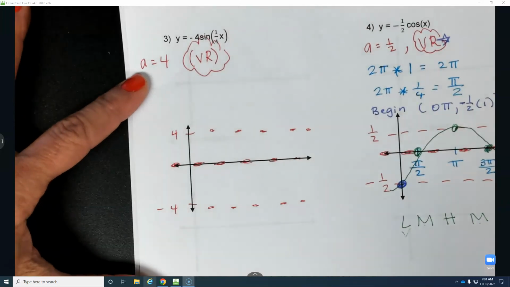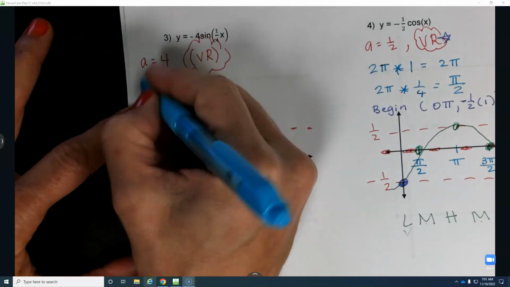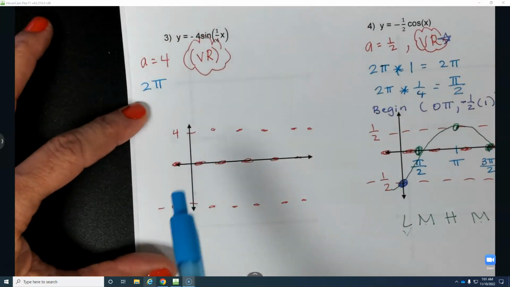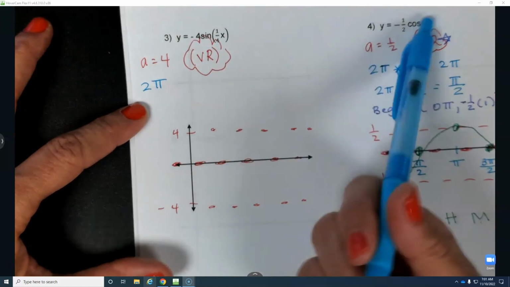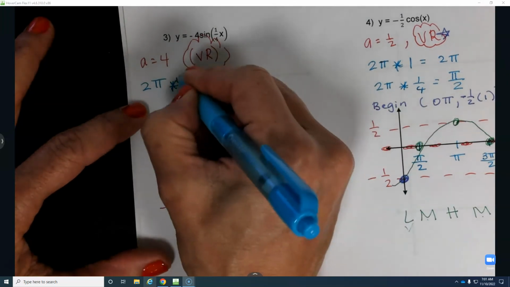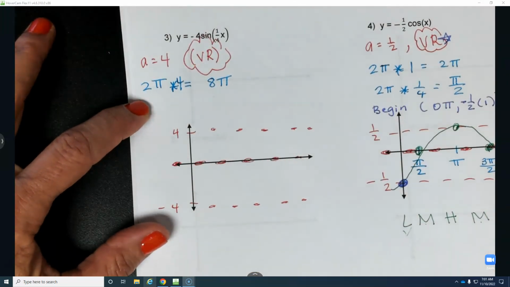All right, so remember, after you amp it, you end it, and you end it with your period. So it's going to be 2 pi times the reciprocal of the b value, guys. The reciprocal of that's 4. So for our period, it is going to end at 8 pi. So if it's going to end at 8 pi, then we know that's going to be the very end of our graph.